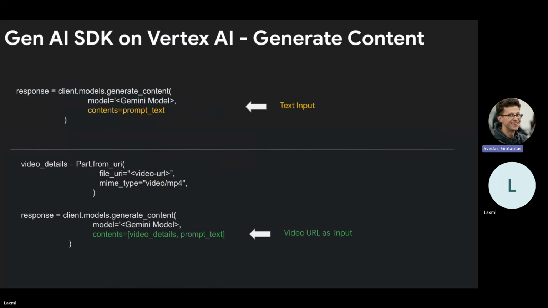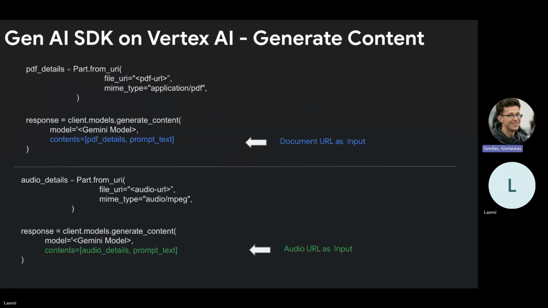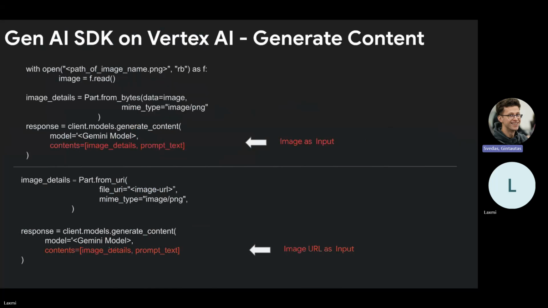You've already created a client, and then you call client.models.generate_content, you give the model details, and then you give a prompt. If it's a video, then you create an object for the video with details like the URL of the video and the MIME type. This is essentially the same whether it's a PDF document, an audio, an image, or you could even use a local image.